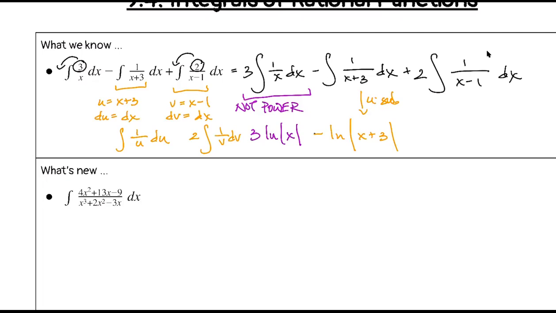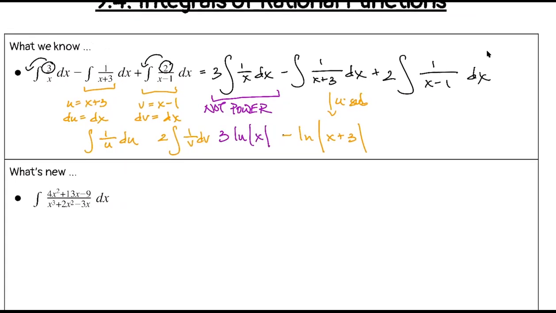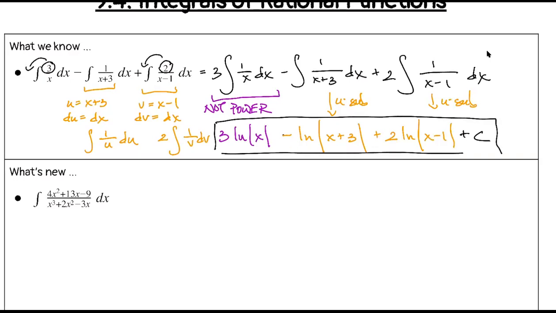I just didn't want you to think that the first u was the same as the second u, okay? But either way, once we make that substitution, we'll be able to use u sub to find that second integral, and we'll get plus 2 times the natural log of x minus 1, and then we'll seal that off with a plus c, and we'll have our answer, okay?